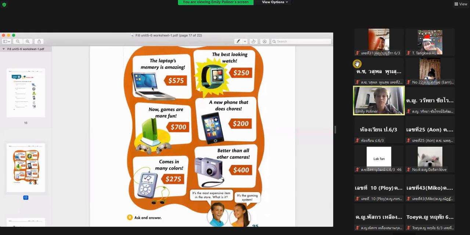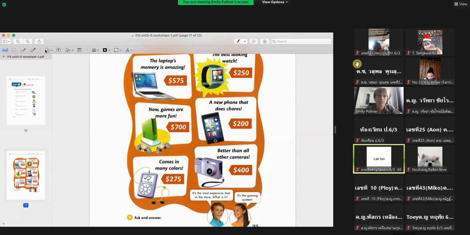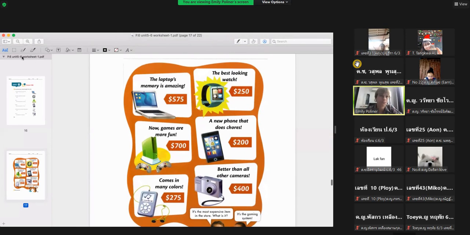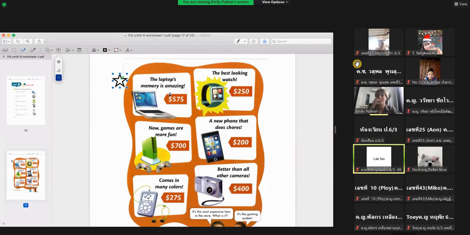What is this object up here? What's the first object? A gaming system. The first one on here on our picture? What's this one? A laptop. Very good. Then over here we have, what is that?